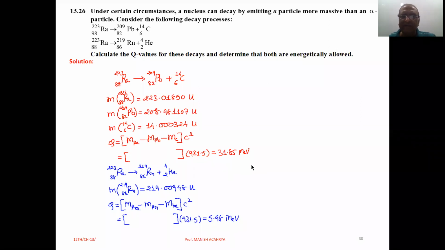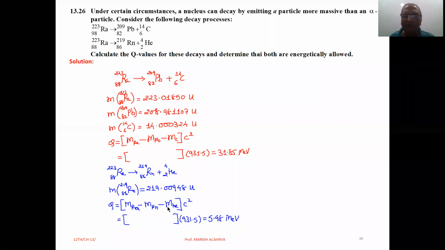It implies that this particular decay, that is energetically allowed. Now second one, 88 Ra 223 gives you 86 Rn 219 plus 2He4. Atomic mass of 86 Rn 219, that is given to you this much U. Again, to calculate Q value, here mass defect, that is left hand side mass, mass of Ra minus right hand side mass, mass of Rn minus mass of He into C square.